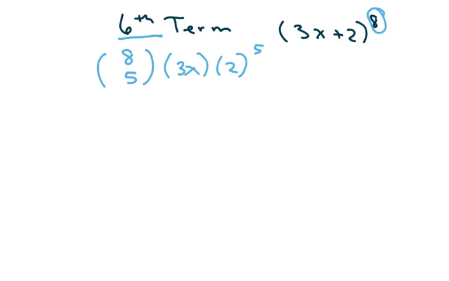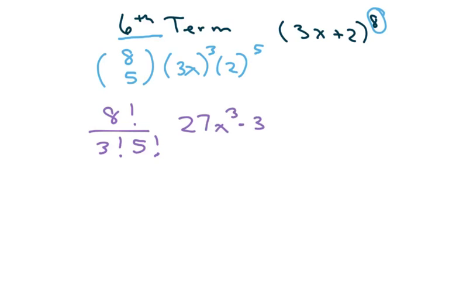The 2 goes with the 5, and this is going to go with the 3, because 3 plus 5 is 8. So now I have 8 factorial over 3 factorial times 5 factorial, and this is 27x cubed, and this is 32.